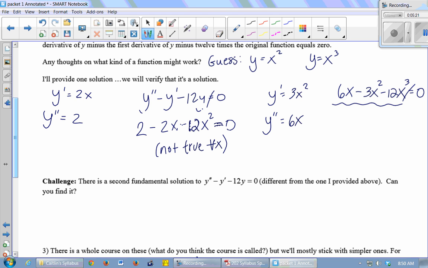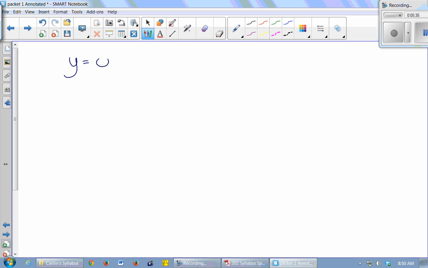Maybe something that when we take its derivative continuously, we keep getting the same kind of thing. y equals 0, that's a good one. Right? So then y prime is 0 and y double prime is 0.